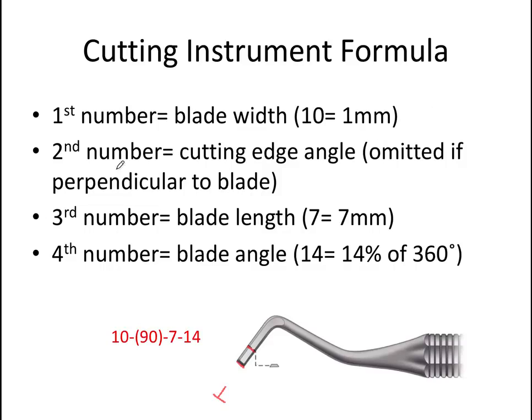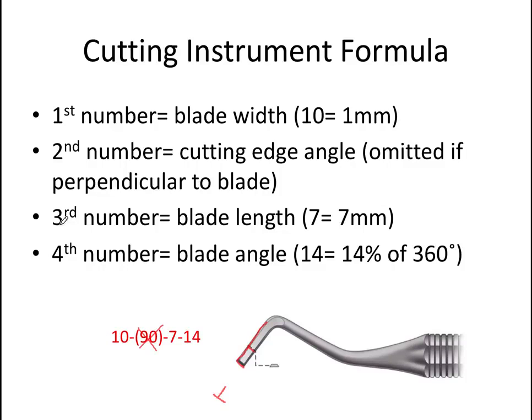So it's omitted if that's the case. It would be 90 degrees, but we actually don't include that number. The third number of the formula refers to the blade length. That's simply the length of the blade right there. And because the number is 7, this is measured in millimeters, so the blade is 7 millimeters long.